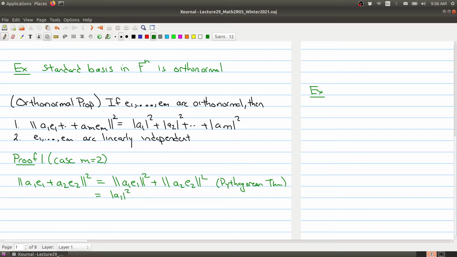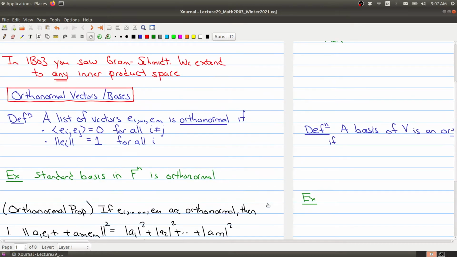This is the absolute value of a1 squared times the norm of e1 squared, plus the absolute value of a2 squared times the norm of e2 squared. But remember, e1 and e2 come from an orthonormal set, so their length is 1. So we're left with the absolute value of a1 squared plus the absolute value of a2 squared. I only did the case m equals 2, but to generalize it is not much harder.